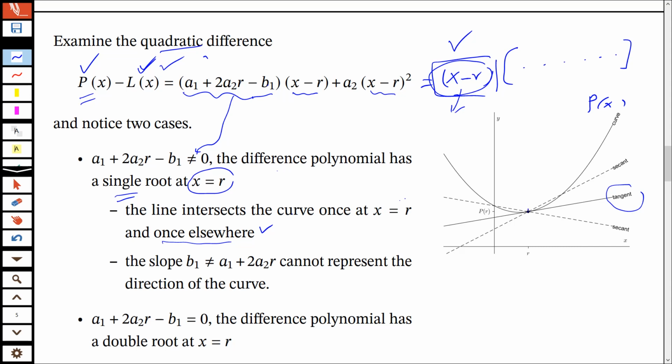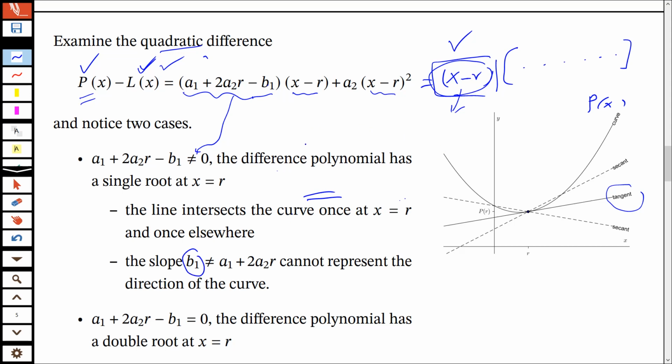Now we know any line must intersect it twice, which means that both those intersections are happening at this point, and we need to see that from algebra. So you must combine algebra with geometry if you want to increase your understanding. Now let's look at the other scenario. So in this case, because the intersection is only once, the slope B1, remember B1 is the slope.